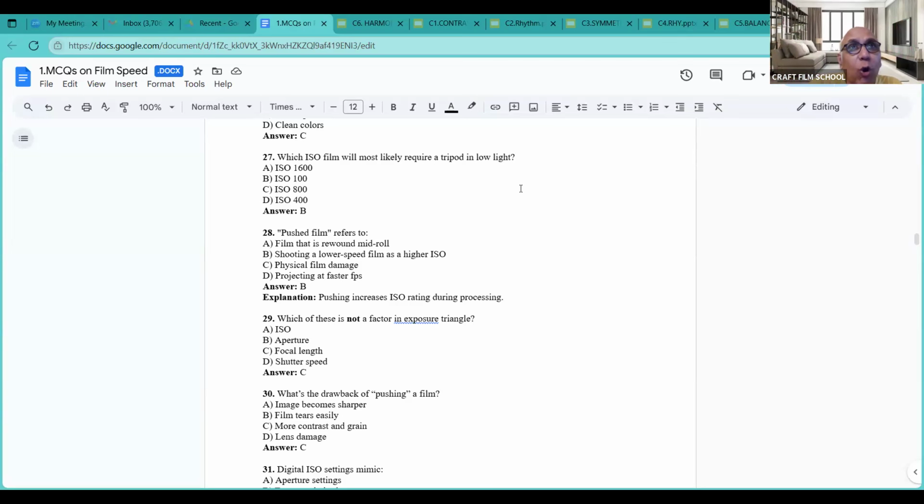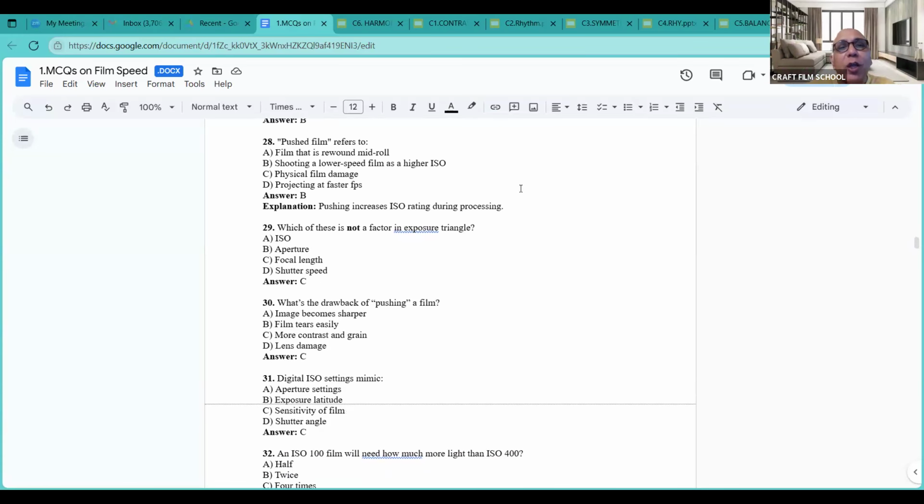But if the condition is low, say for example a dance performance on stage, then the shutter speed you get is 1/30th only because the condition is very low. So you also use the tripod. It's a very indirect way of asking the same thing: if you are using a 100 ASA film and the light condition is low, will you use the tripod? Yes. So indirectly he's asking a question.